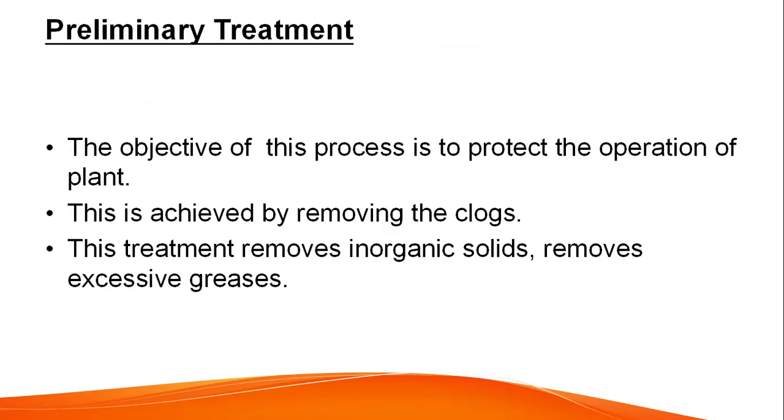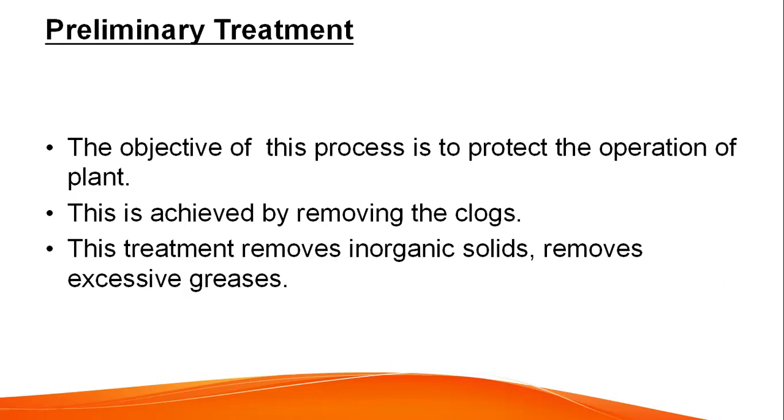Preliminary treatment. The objective of this process is to protect the operation of the plant. The plant which is carrying all the production process in the industry, this treatment protects the operation of the plant. This ensures the safety of the plant which is operating.